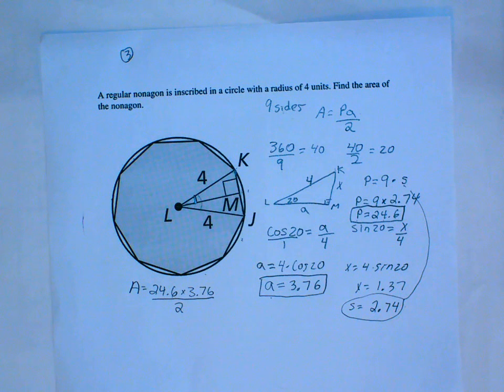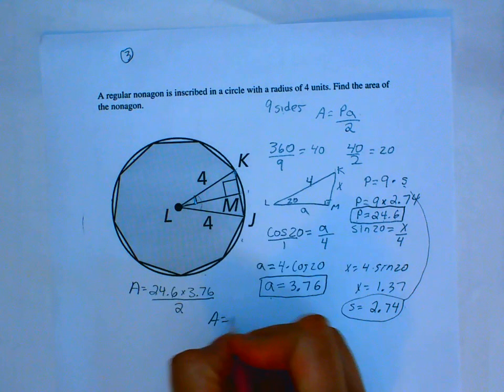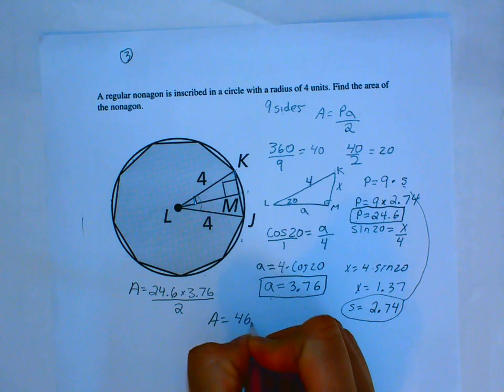Okay, so then put in the calculator, 24.6 times 3.76 divided by 2, I get the area of this polygon to be approximately 46.2.